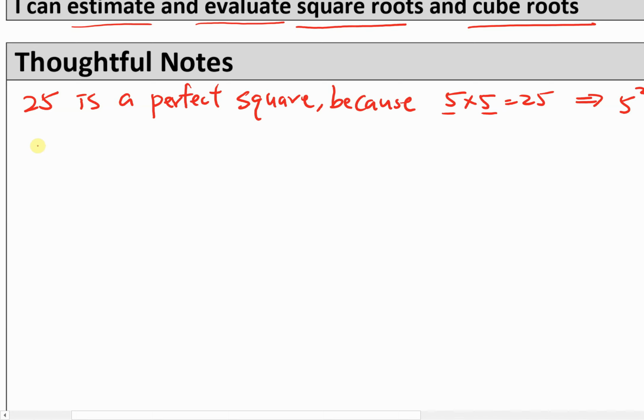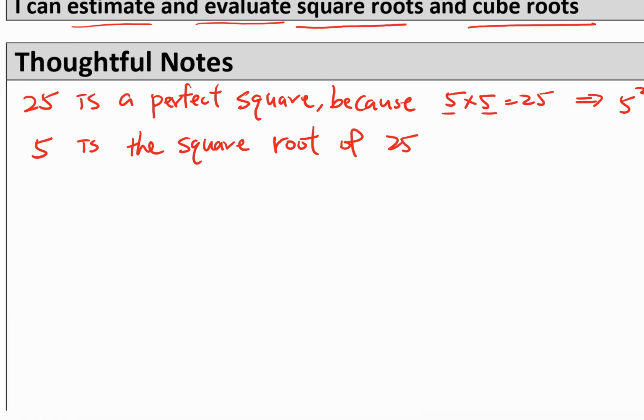We then say that 5 is the square root of 25, again because 5 times 5 is 25. When we're looking at the square root of a number, we're thinking about what number multiplied by itself will give us that particular number.